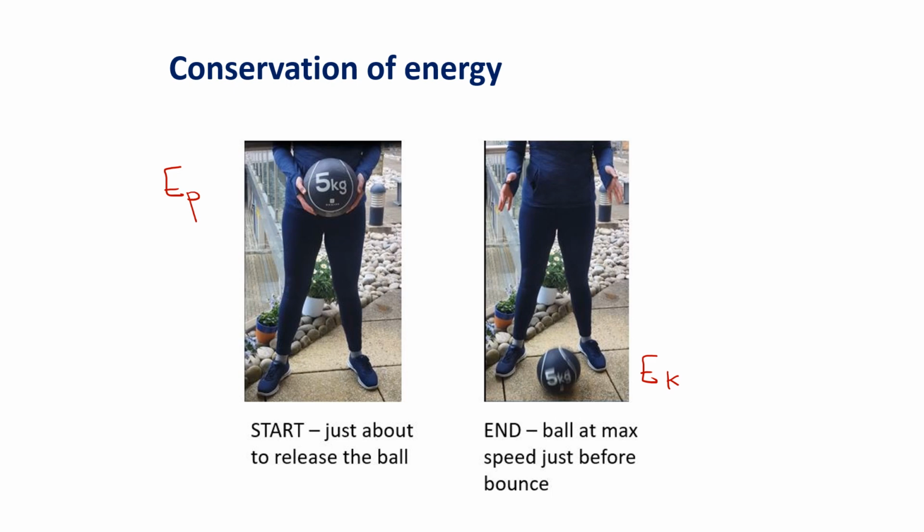Using our equations, the potential energy mg delta h has now all been transferred into kinetic energy, equal to a half mv squared, which is our equation for kinetic energy. So gravitational potential energy lost is equal to kinetic energy gained.